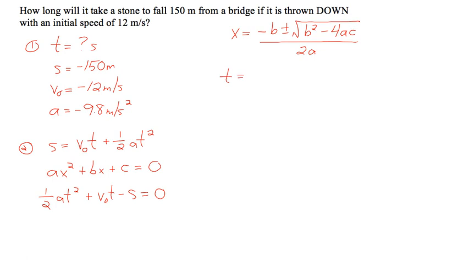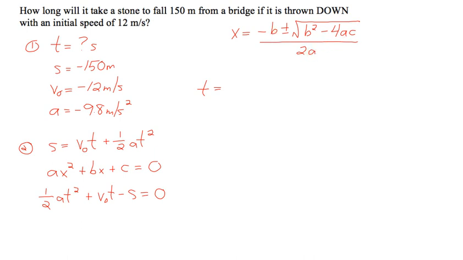Let me move this over. I might need more room. So that's going to be t equals, and now every letter there I'm going to be replacing with physics variables. So these are math variables, and I want them to be physics variables.